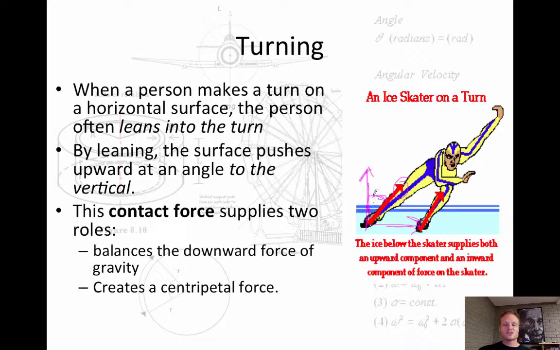If they stand straight up and down, I think they'd have a really hard time going in a circle, especially at a quick speed. So the contact force plays two roles. It balances the downward force of gravity, so there is a portion pointed up to balance the force of gravity, and it creates the centripetal force to allow the skater to continue turning.